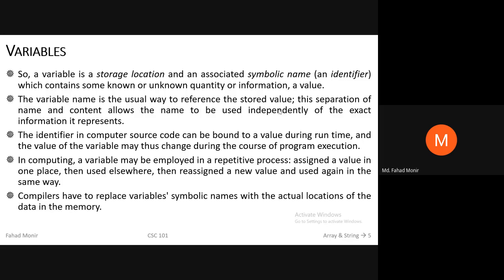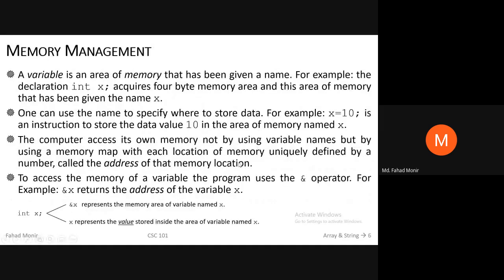If I want to print out the value of variable y, then cout y, and so on. The identifier in computer source code can be bound to a value during runtime. We know that as well. In computing, a variable may be employed in a repeating process. We can repeat a variable, add something to it, then assign it with cin, and so on.